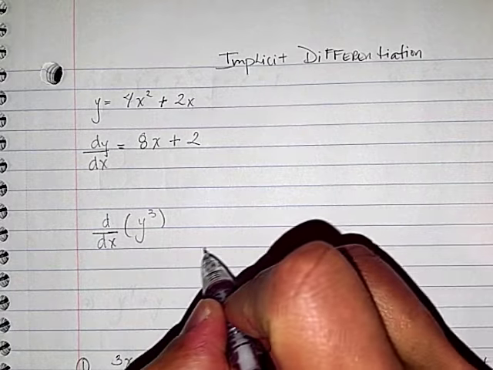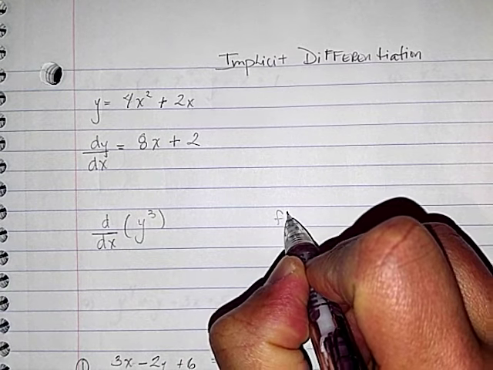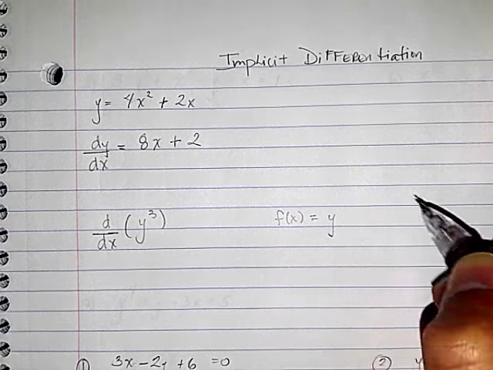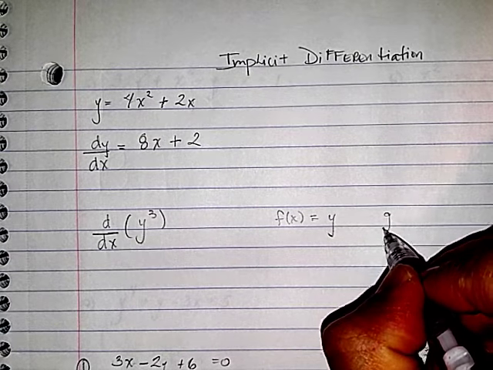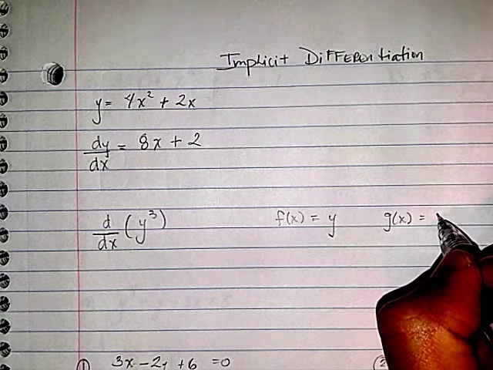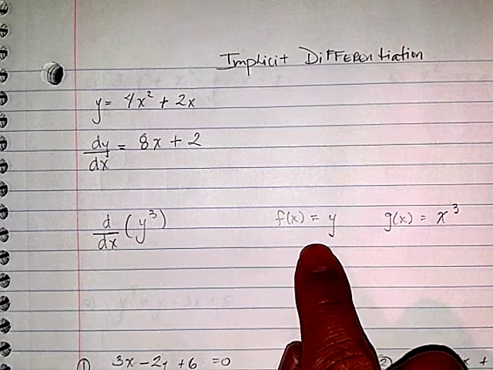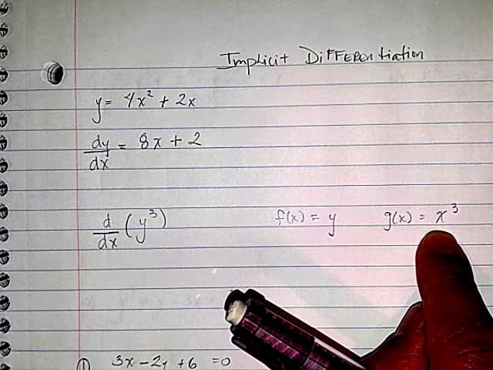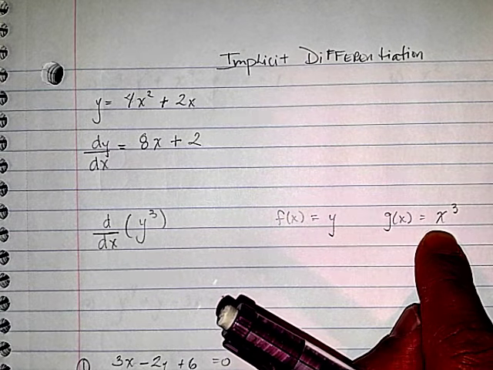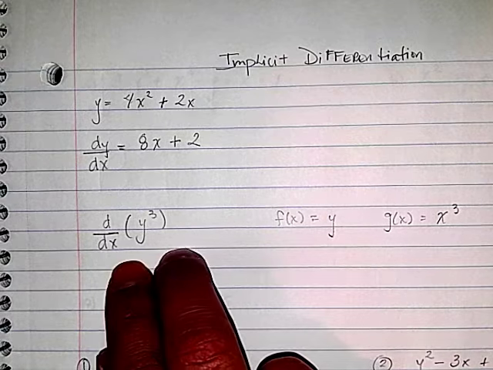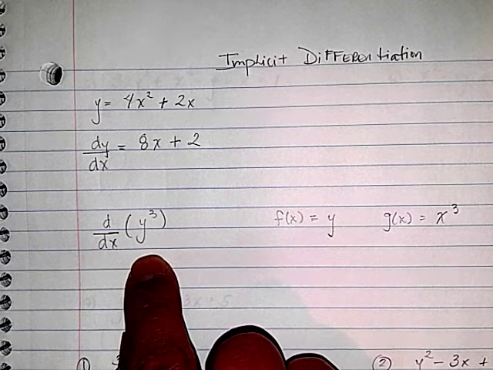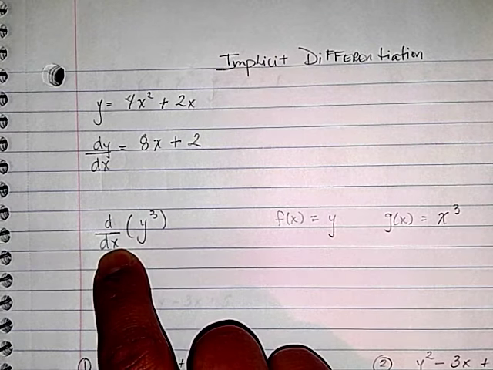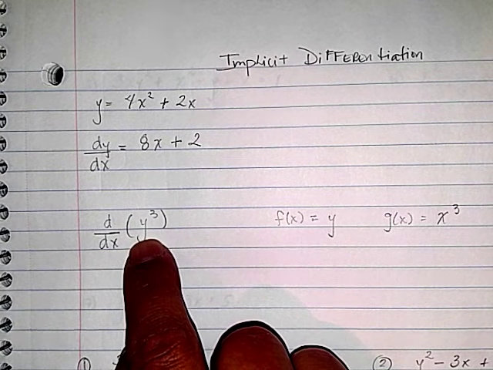The first function is your y, and then your second function is your actual x cubed. So it's almost like the y is hidden inside of the second function. We say it's implied, it's implicit. It's telling us there is an x function, it's just hidden somewhere inside.